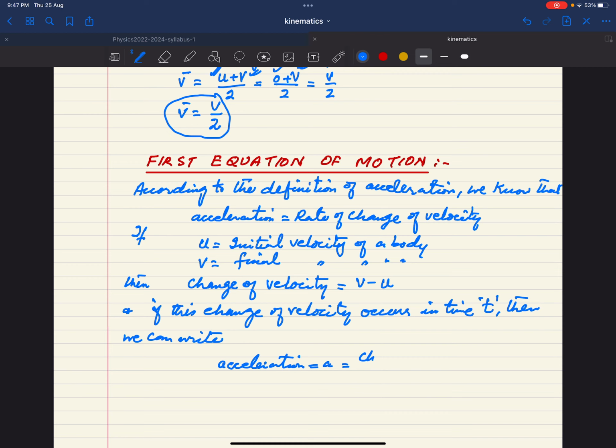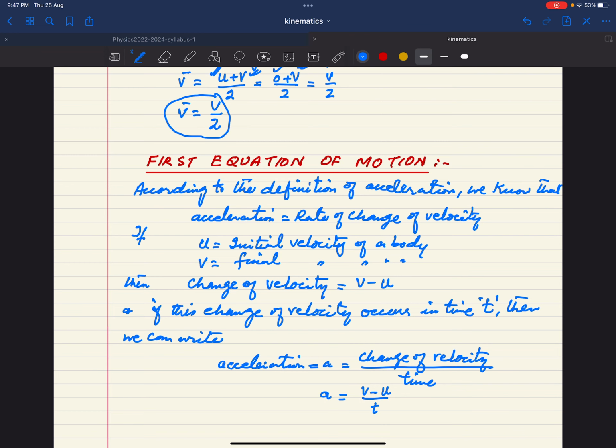So change of velocity divided by time. This will give you v minus u divided by t.